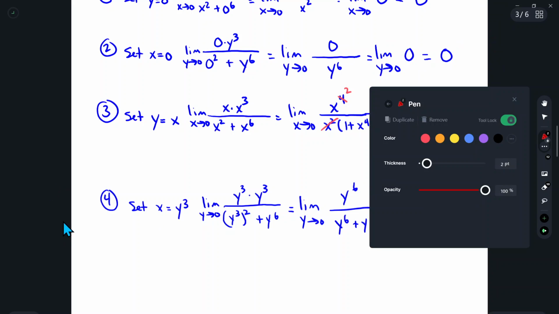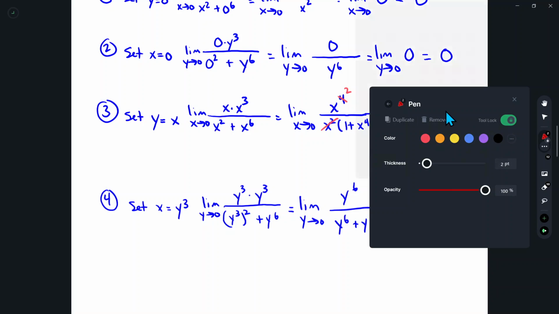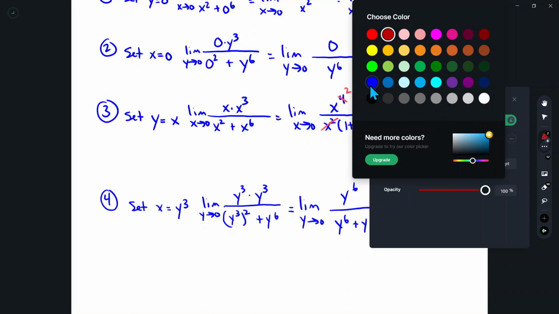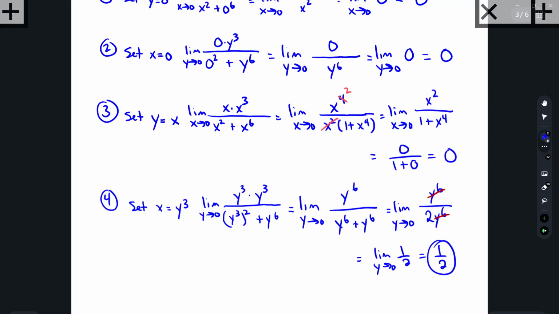We have a single term power of y that cancels, and all that's left is the coefficient, which is again 1/2. So this is equal to the limit as y goes to 0 of just the constant 1/2, and the limit of a constant is just the constant. So I get 1/2.